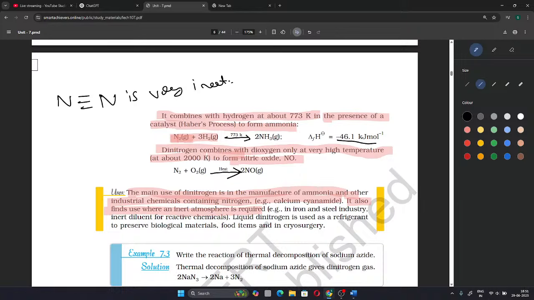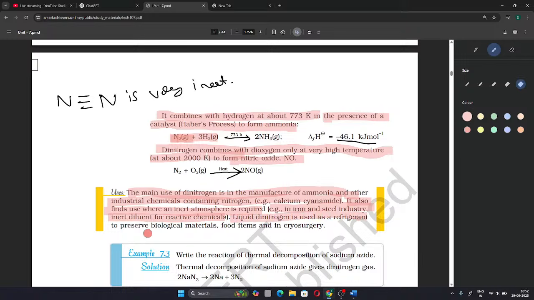Like we can also use noble gases like argon. Nitrogen is also inert and is used. Inert meaning a non-reactive atmosphere is required. Iron steel industry, inert diluent for reactive chemicals. Diluent.